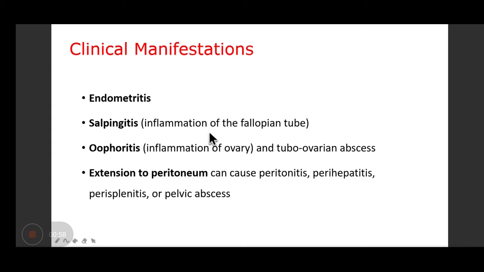Then it may lead to inflammation of fallopian tubes, salpingitis, inflammation of ovary, or oophoritis, or may present as tubo-ovarian abscess. Then it may extend up to the pelvis, to the peritoneum, and may cause peritonitis, hepatitis, pelvic abscess. So the pelvic inflammatory disease will manifest in these forms.